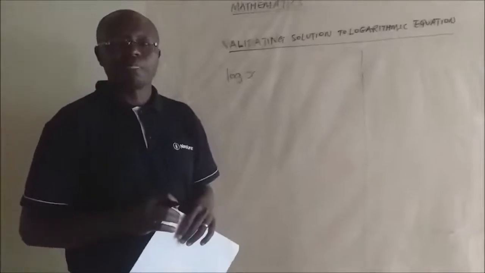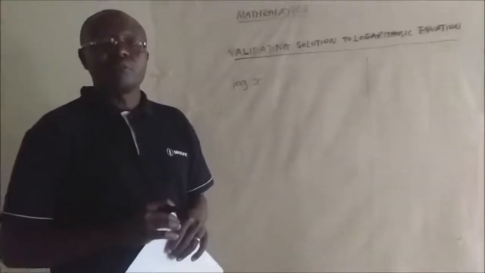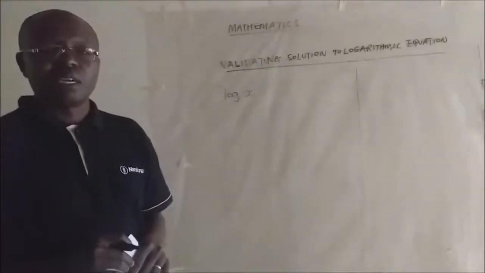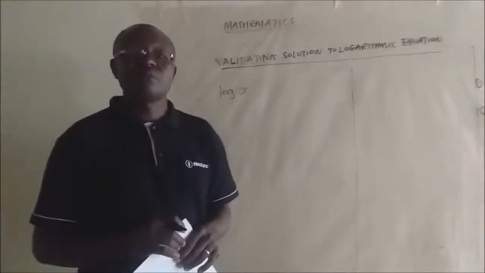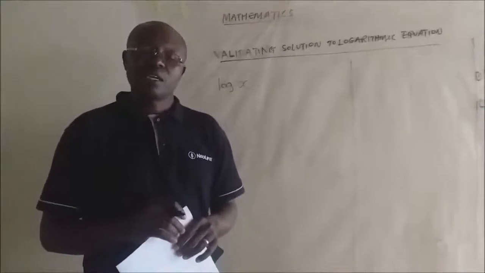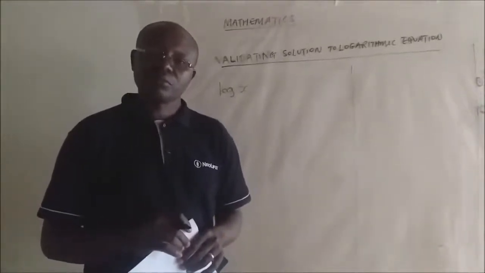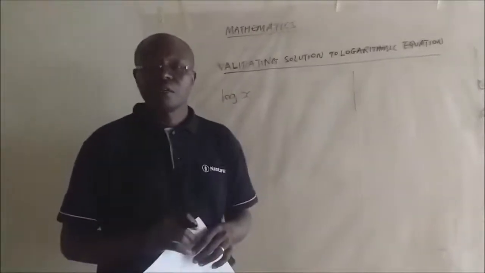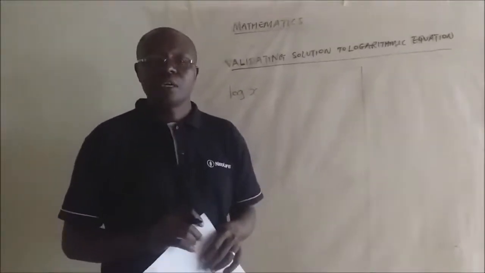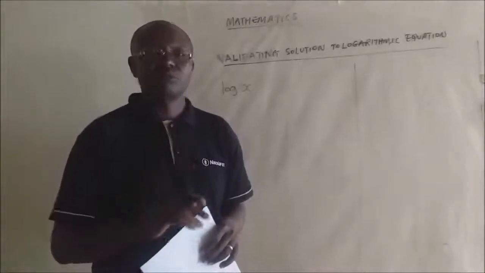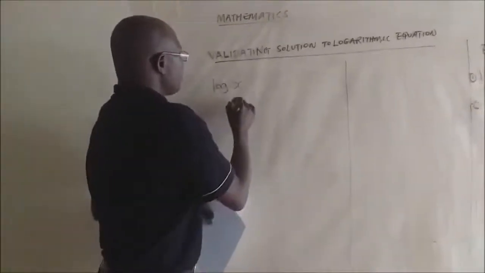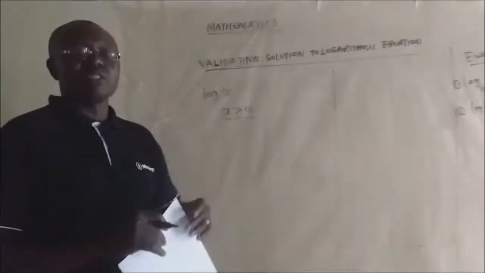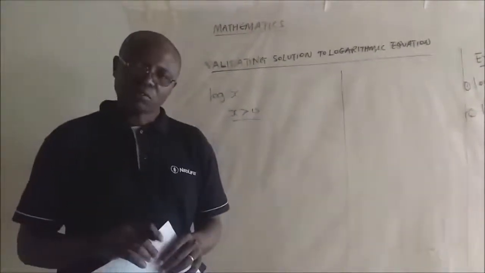Remember, logarithm of 0 does not exist, neither does logarithm of negative numbers exist. And so, the value of x must be greater than 0. That is, x must be any value which is greater than 0.